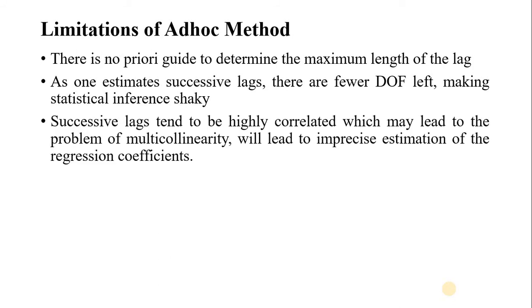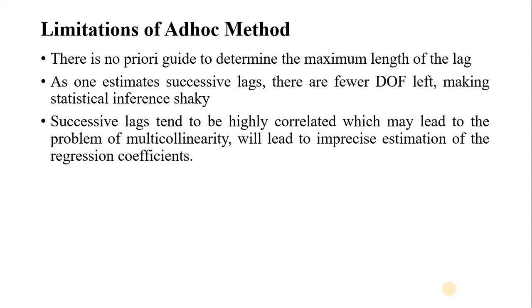The third one is, if you include successive lags xt minus 1, xt minus 2, xt minus 3, all of these will be highly correlated, which leads to the problem of multicollinearity. What is the multicollinearity problem?